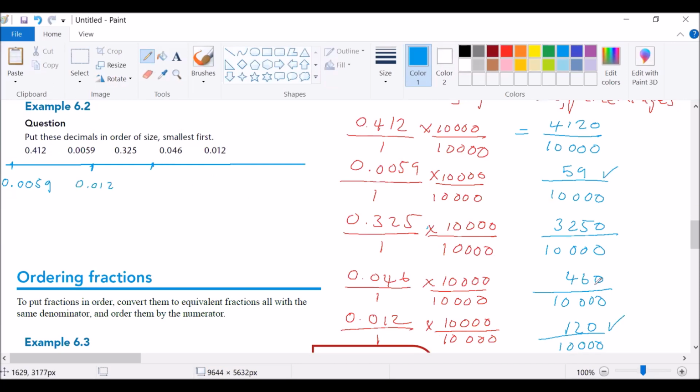The next one is 460 over 10,000, which is 0.046. The next one is 3,250 over 10,000, which is 0.325. And finally, we have 4,120 over 10,000, which is 0.412. So now we have them in ascending order, or in order of size, starting with the smallest.